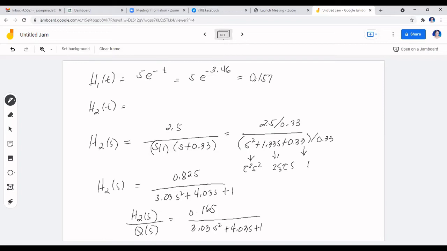Now, before I proceed, do you have any questions so far? When you determine the zeta here and the tau for our second order system, that way you can choose the appropriate response equation. It should be based on the transfer function. And since we already multiplied it with the Laplace transform of our forcing function, then we need to let it go back to the original.